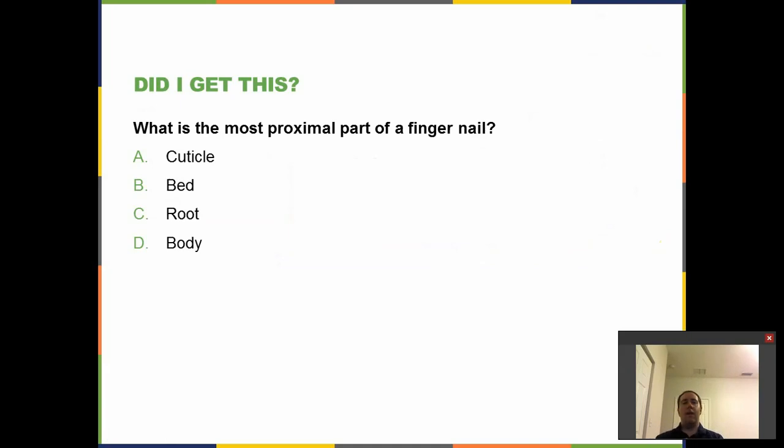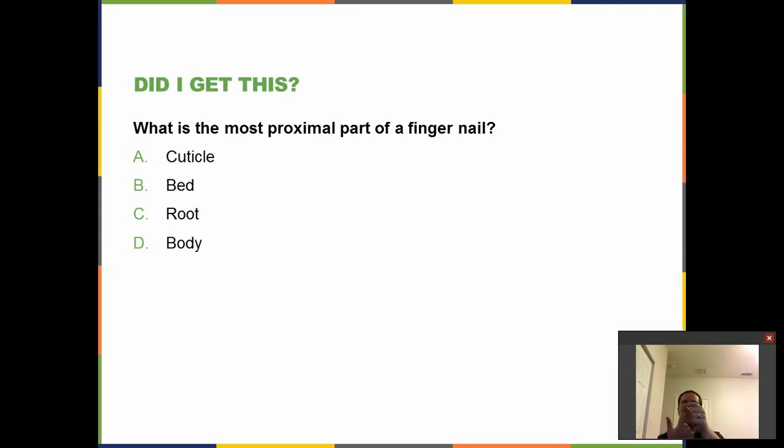So, coming back to our directional terms, what is the most proximal part of a fingernail? The root? Yes. Why? Because it's the closest to the shoulder. So the most proximal would mean closest to the shoulder.